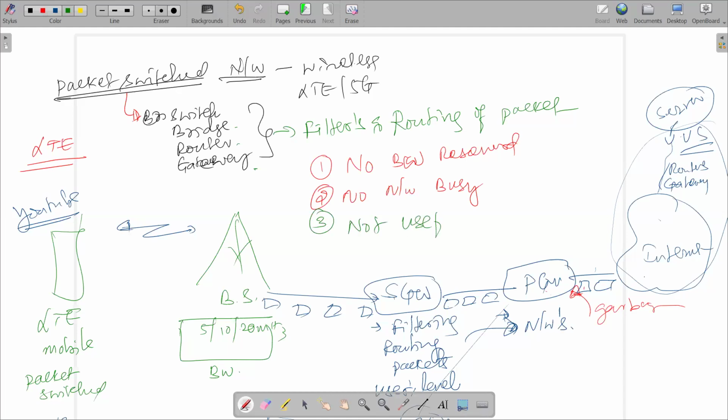Why? Because of packet switching, packets can have a delay. Packet communication itself is of a delayed nature, because of different paths. There is no particular path; packets can take any route.